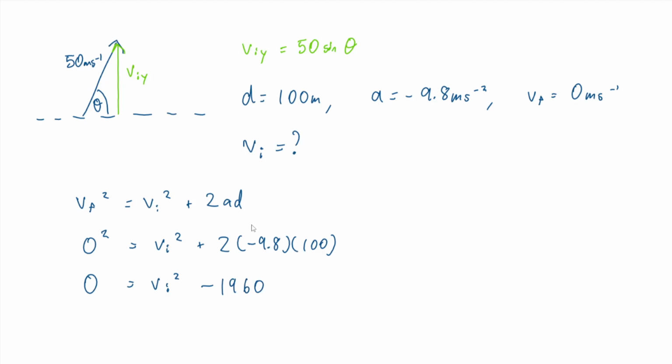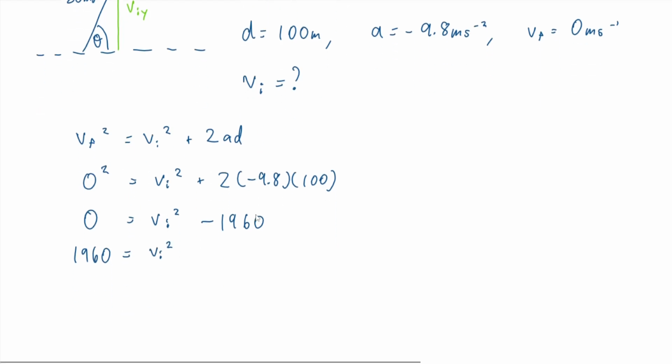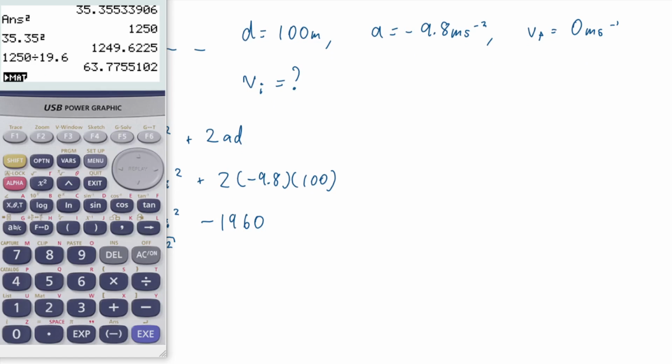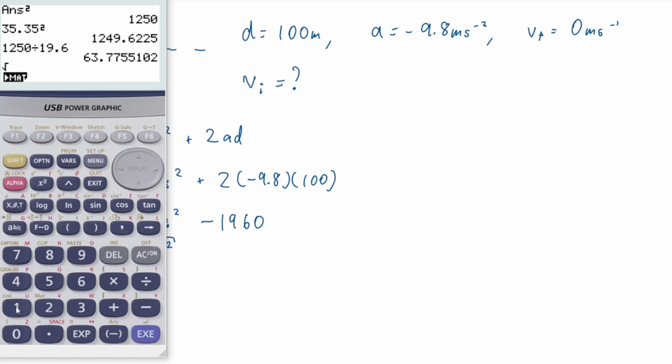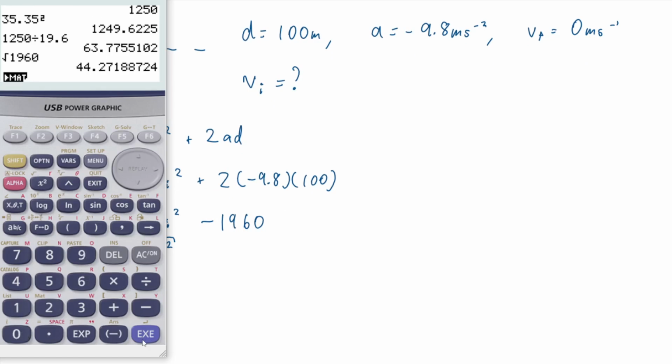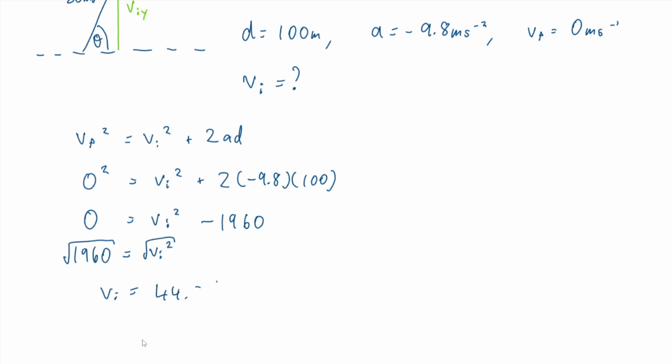Now we add 1960 to both sides. And finally, to get Vi, we need to square root both sides. So Vi equals root 1960, which is 44.27 meters per second.